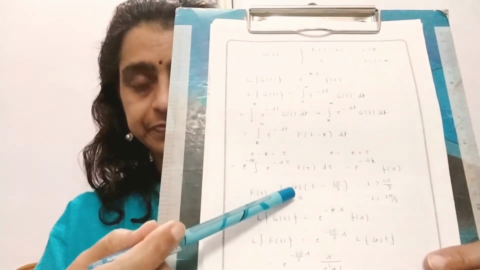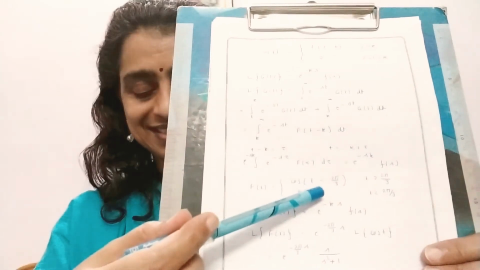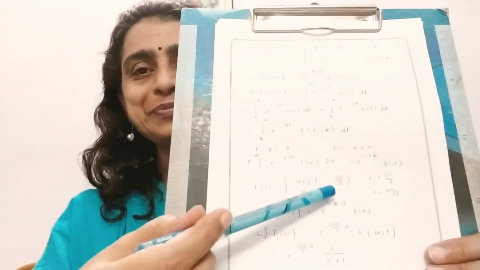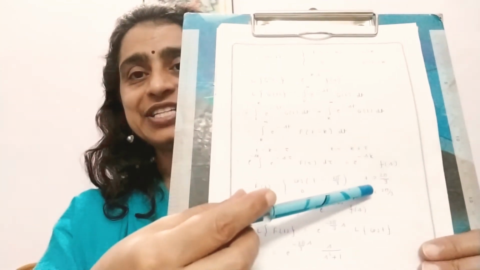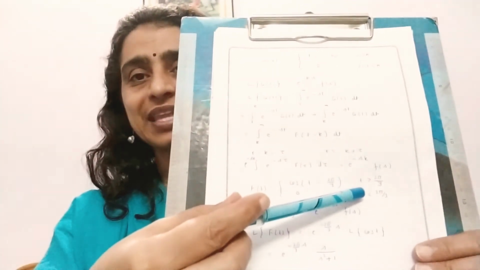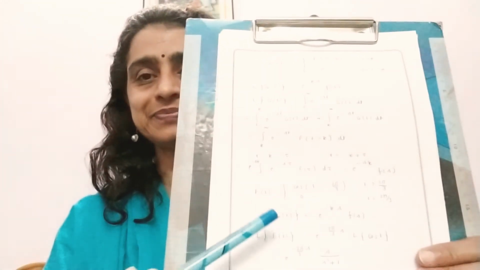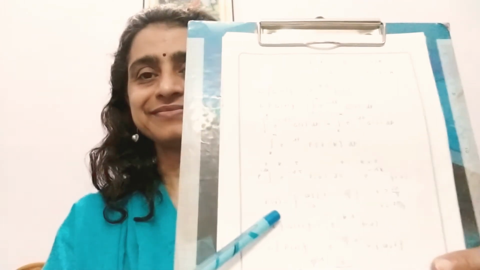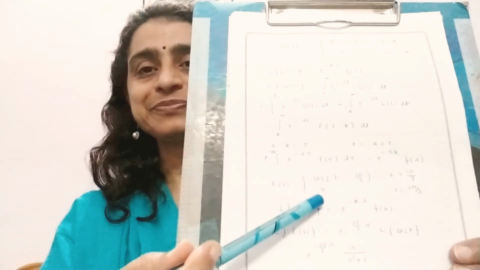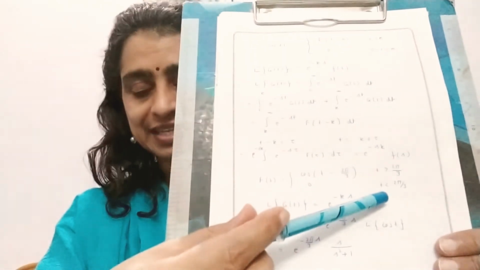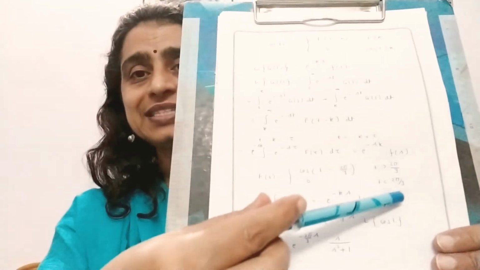First will be cos of (t minus 2 pi by 3), and the condition will be t is greater than 2 pi by 3. Second value will be equal to 0 and the condition will be t is less than 2 pi by 3.